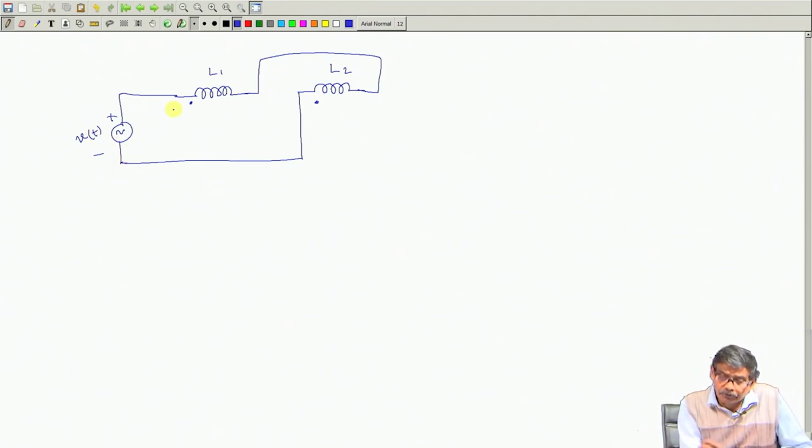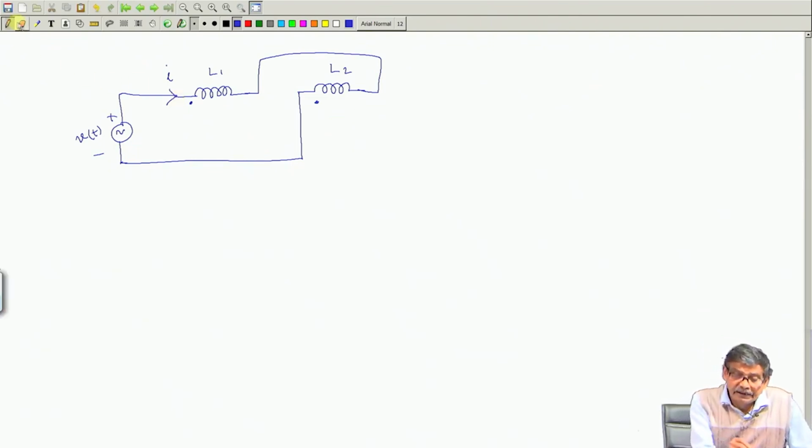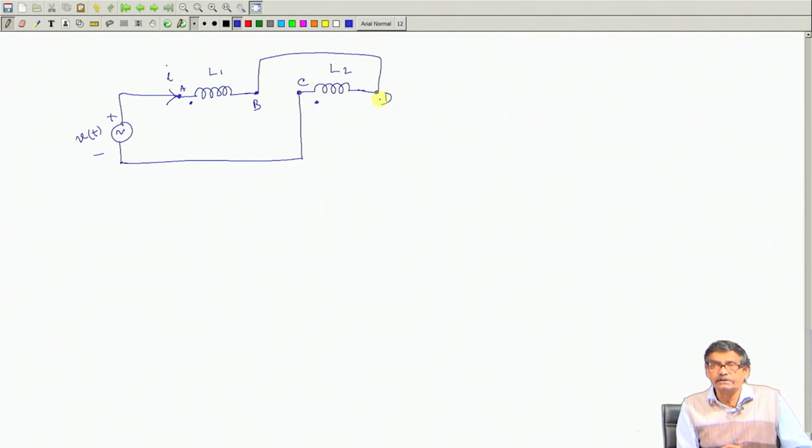Okay. So, I will assume the current I, once again the same current flows, and let me call this A, this B, and this C, which I called earlier, and this T. So, I have connected like that.